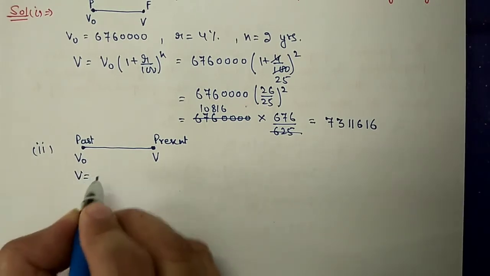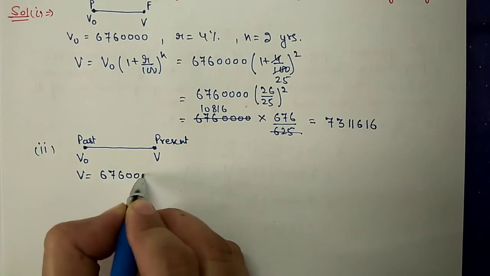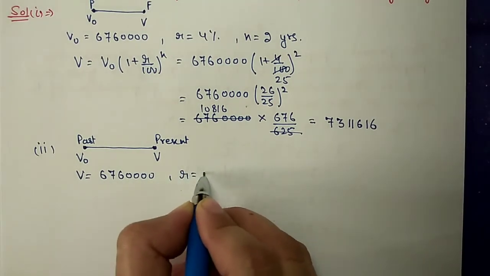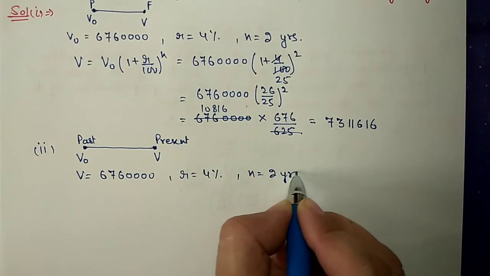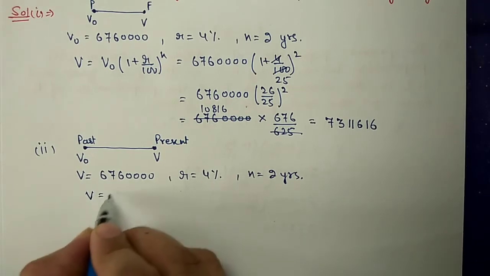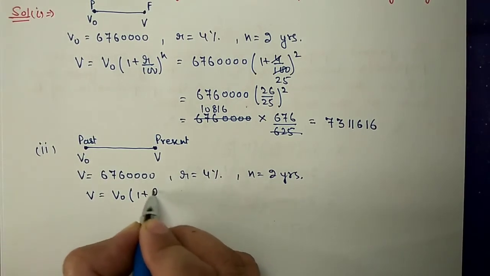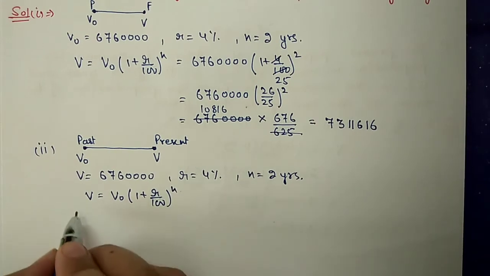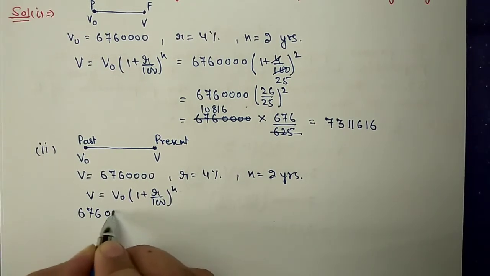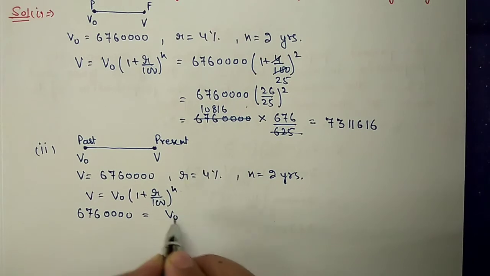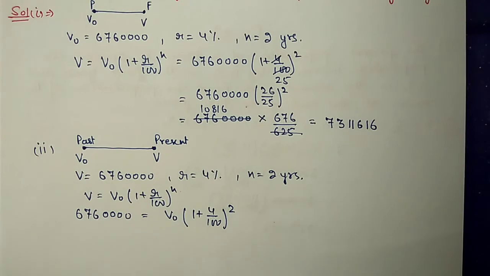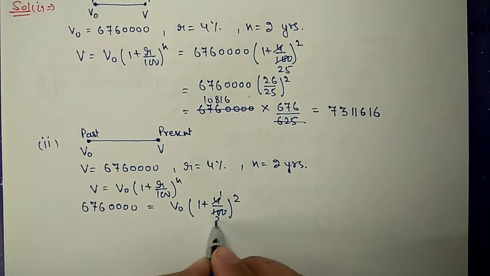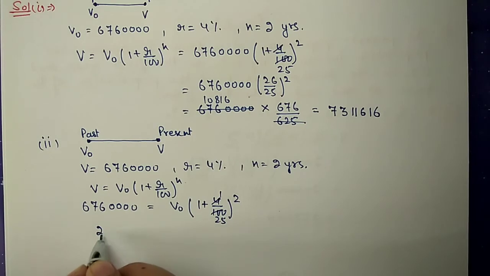So V is given as 676,000, rate is again 4%, time is 2 years. V is equal to V naught into (1 plus R by 100) to the power n. V is given: 676,000 equals V naught into (1 plus 4 by 100) to the power 2. You can write it like this also: cancel out the 4 first and it becomes (26 by 25) to the power 2.